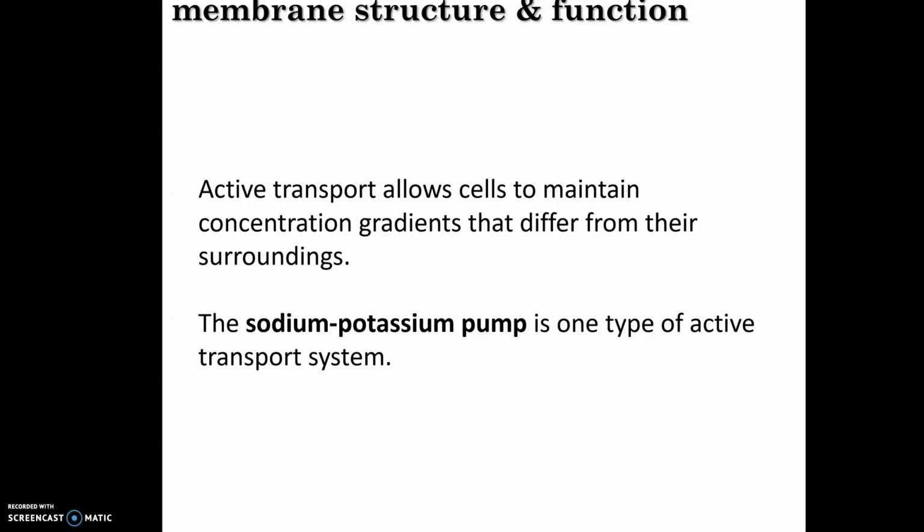For example, the sodium-potassium pump is one type of active transport system. This is probably one of the most common or most known. Another one would be ATP hydrolysis, where you basically remove a phosphate and attach it to a transport protein. There are several other types of active transport out there, but like I said, they must use a little bit of ATP.